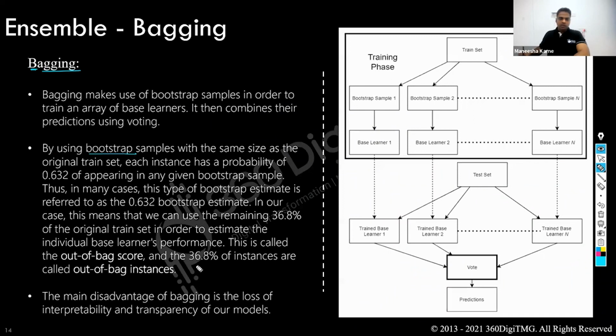And we know for a fact that 36.8% of the instances or rows would not be selected in your training data when you continuously keep splitting the data. The data which is not part of your training data set is also called the out of bag data set or out of sample. Approximately 36.8% of the observations will not get selected in the training data.